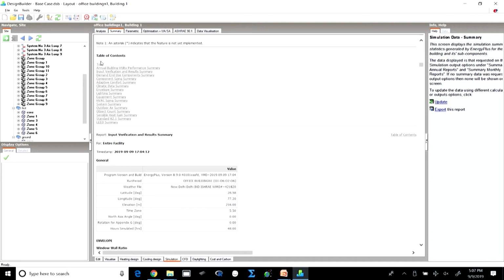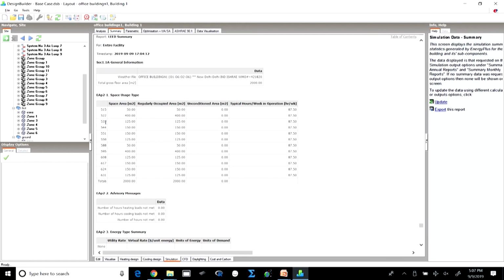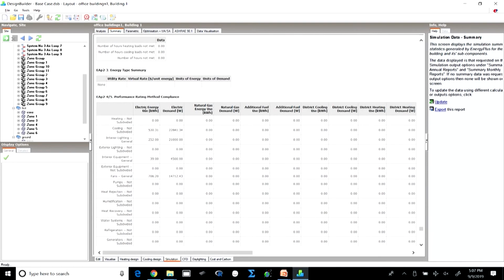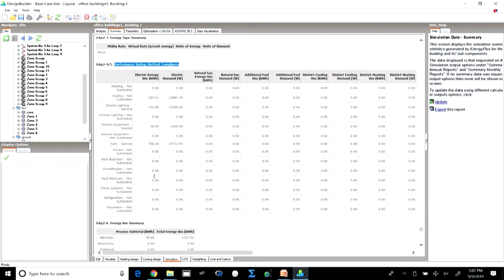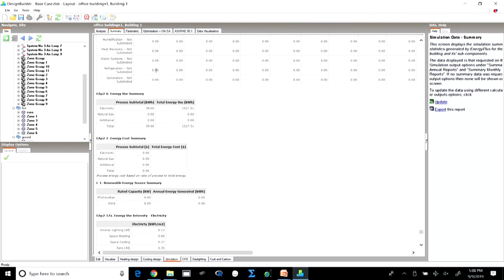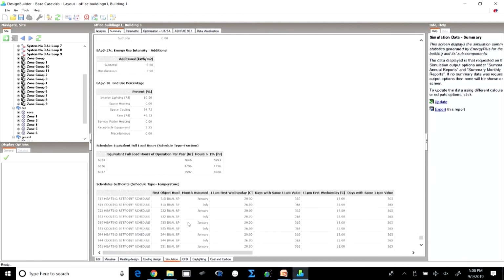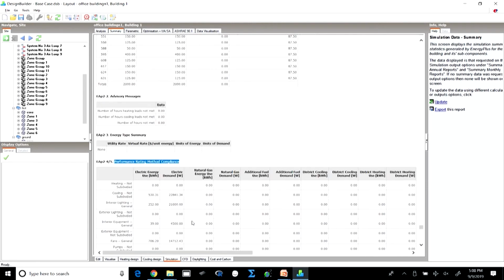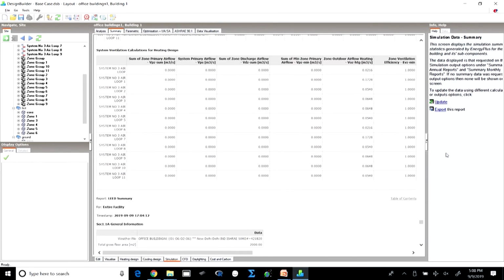So, if you look at this, you can go to each one of these heads. The LEED summary will give us the kind of performance that the building is giving. So, on the basis of the electricity use, it will give us what is the performance of the building, and the same numbers can be directly used for compliance with the LEED green building rating system.